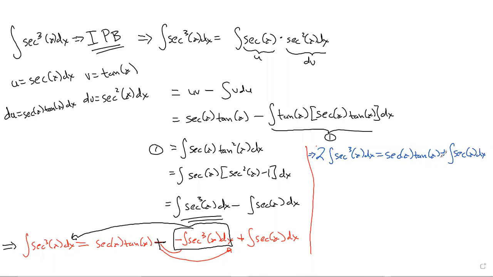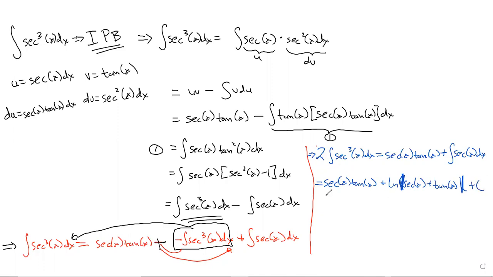Now the integral of secant, if you remember, becomes that natural log. So we have secant of x times tangent of x plus the natural log, absolute value, secant of x plus tangent of x, plus a constant.